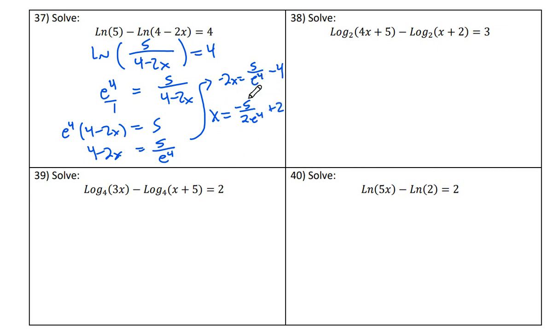And this is our exact answer. I divided each of those by negative 2. So let's see what we get. Typing it in. And we get x is approximately 1.954.